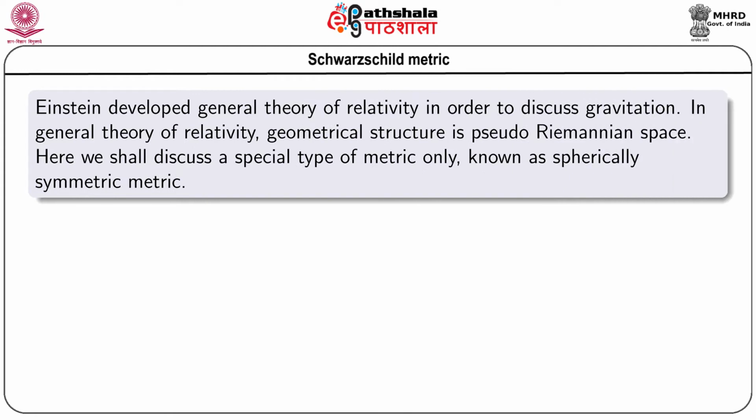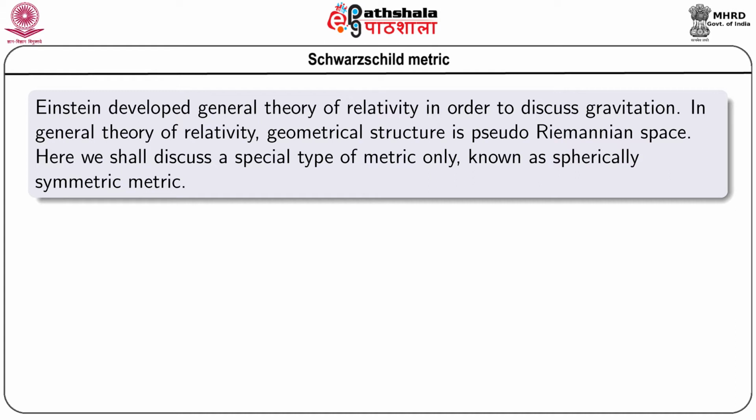Now, Einstein developed general theory of relativity in 1915, that is 100 years back, in order to discuss gravitation. In general theory of relativity, the geometrical structure of the space is pseudo-Riemannian. That means, the line element is not positive definite.